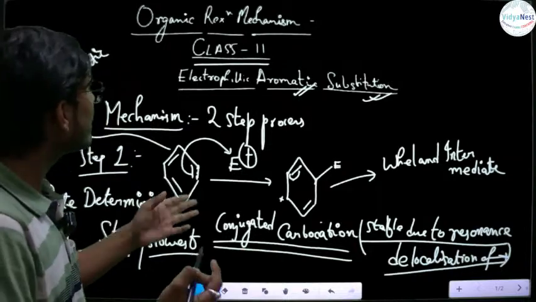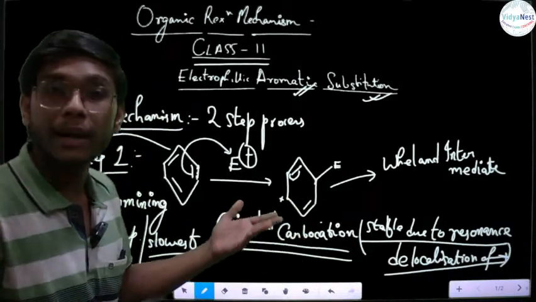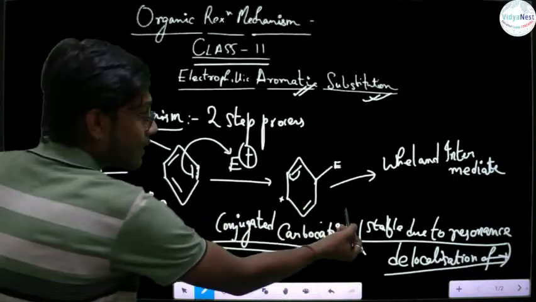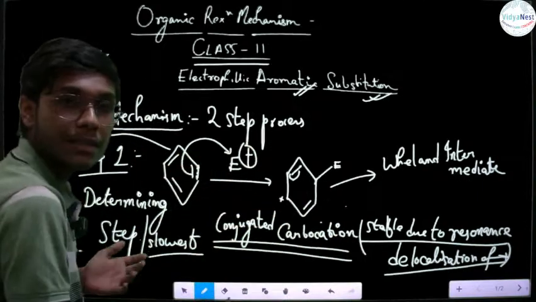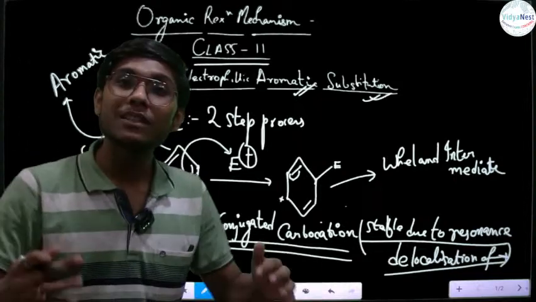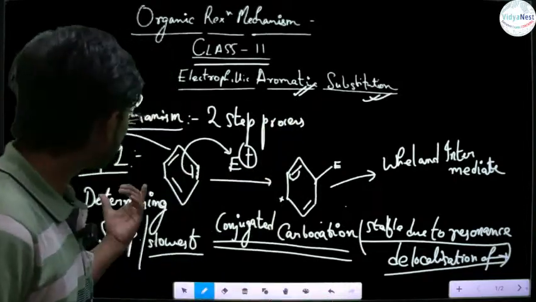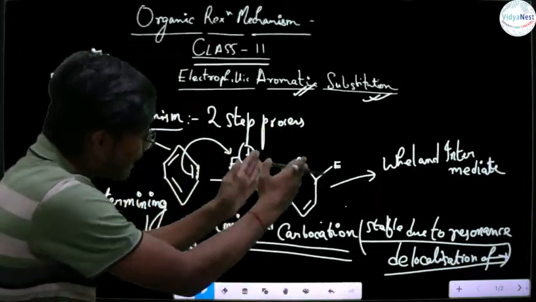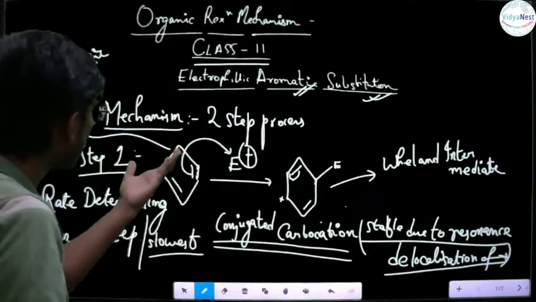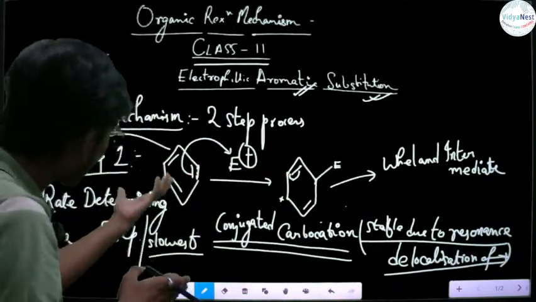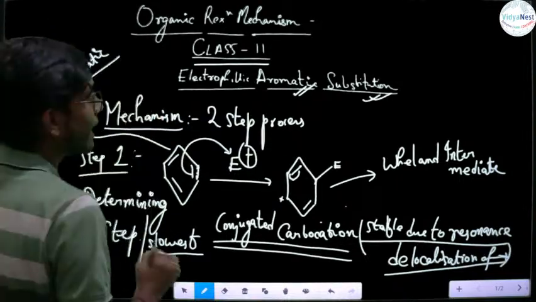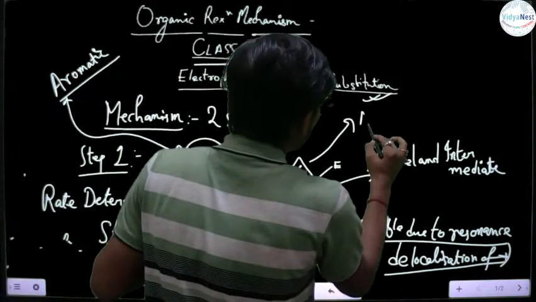By Huckel's rule, we know that a non-aromatic substance formed from an aromatic substance is not a feasible reaction at all. In chemistry, we always move towards increasing stability. However, in this step, a comparatively less stable intermediate is being formed from a more stable reactant, or substrate. So an aromatic substance is getting converted to a non-aromatic substance.